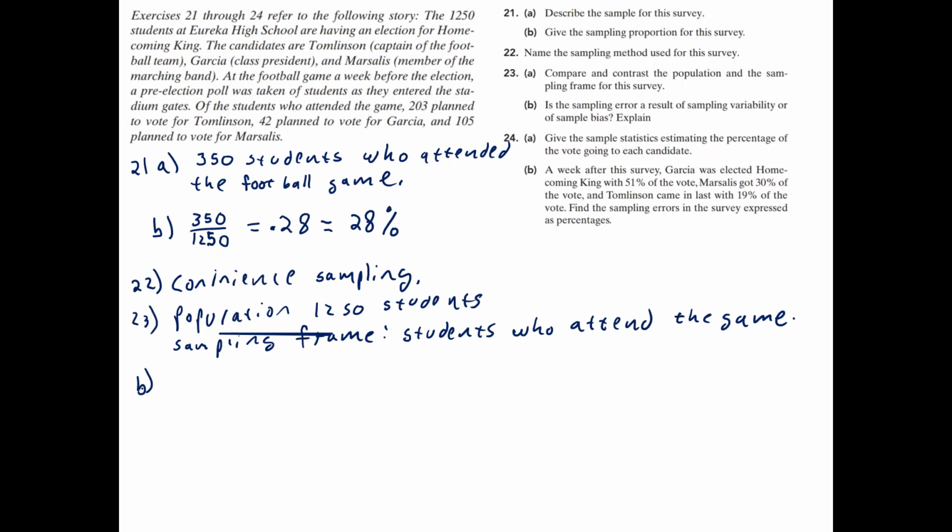And so this is totally sample bias because we took a convenient sample at a place where not all the students go, right? So sample bias. This is sample bias, not all students. Keep it as simple as possible. Not all students go to the game.